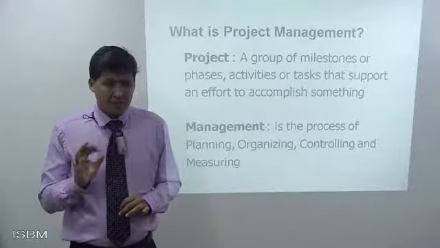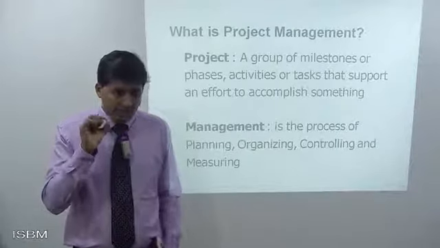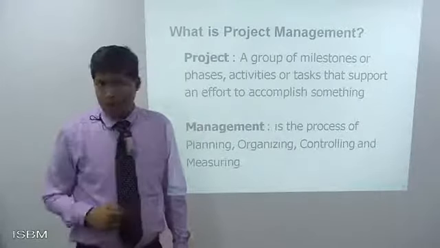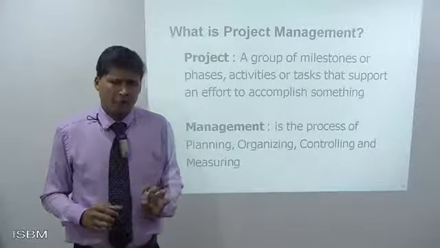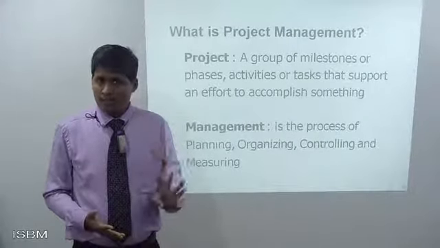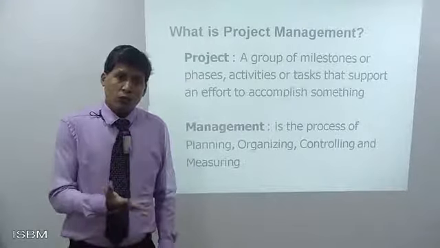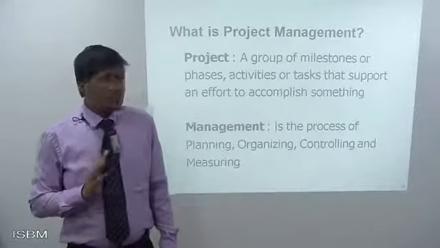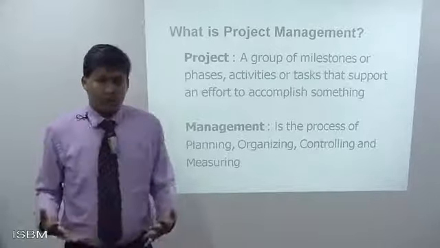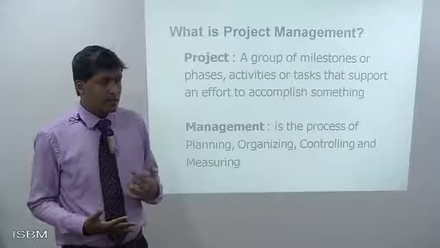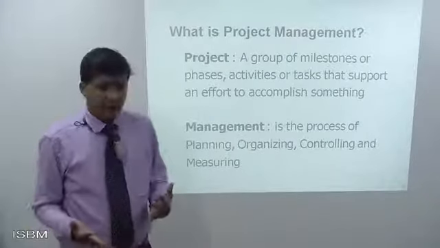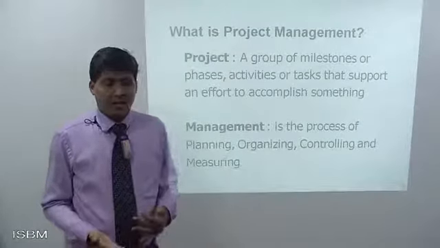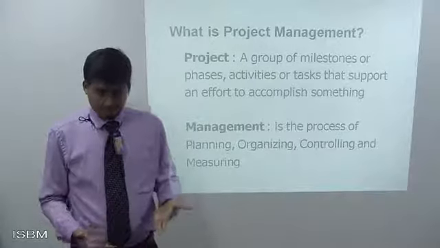This is one thing that you can write down as of now. So when we think of any management, these four things will come in automatically. It applies to project as well. So we mentioned that in this other definition, a project is a set of milestones, phases, activities, or functions carried out to accomplish something.